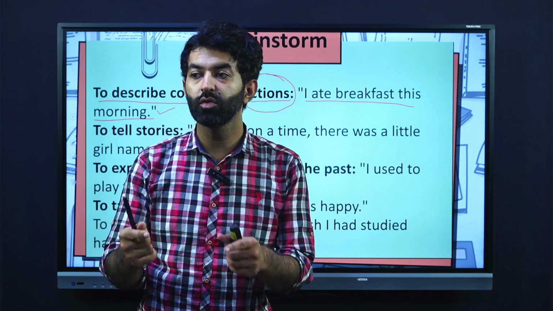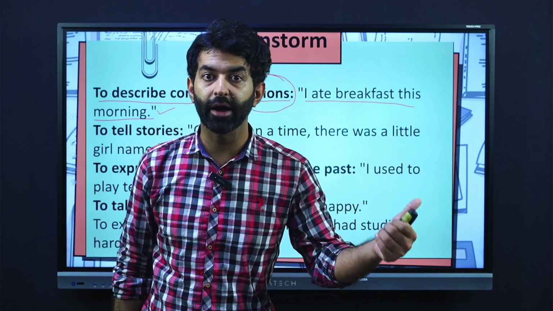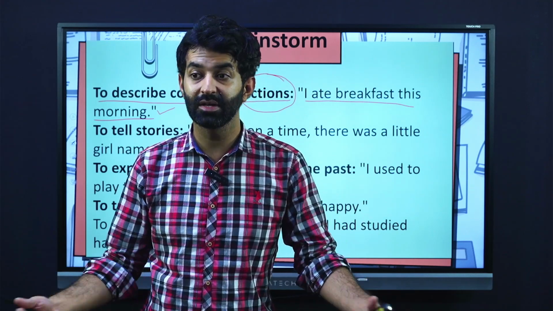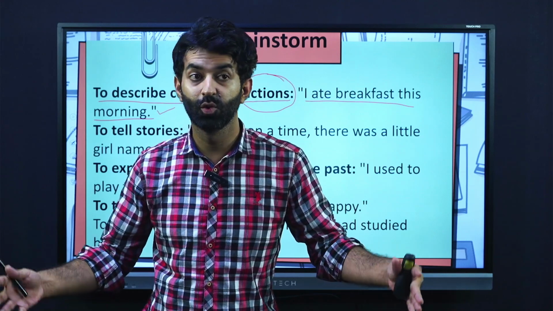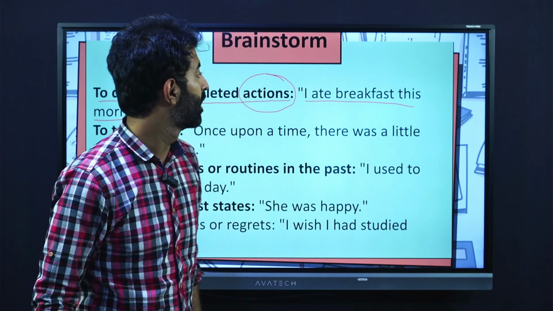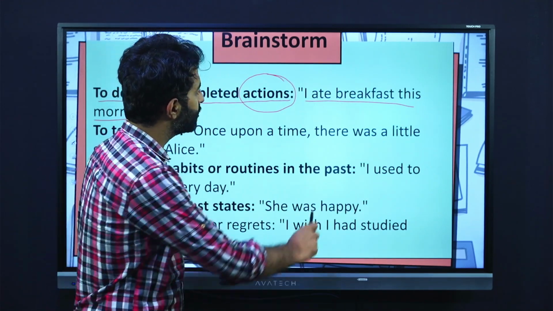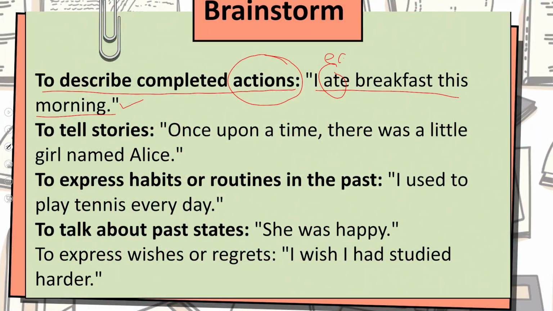So if you want to recall, go back in the past, even if it's few hours ago, it is still past. गुजर गया है ज़माना. I ate breakfast this morning. Eat की form ate लगाई और हमने बताया this morning.